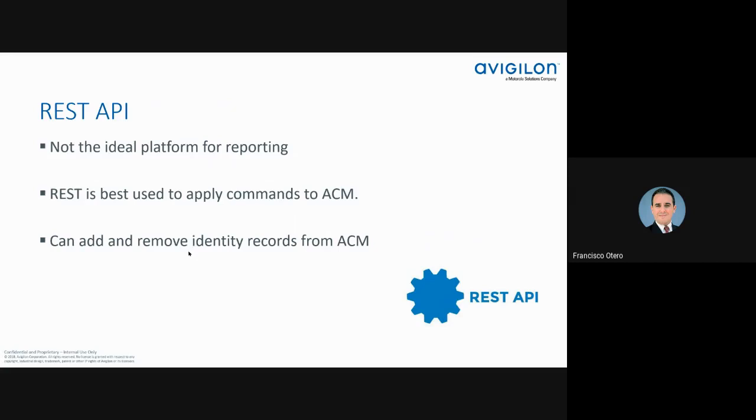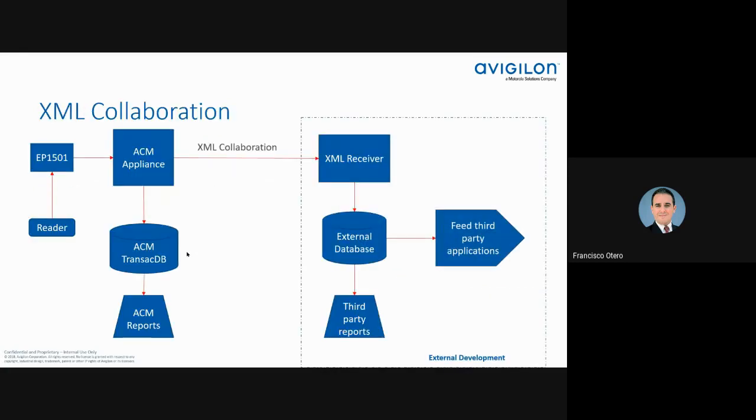This item will take us a little bit longer to cover because it has more information, which is the XML collaboration. And if you remember in my first slide, I said that for large amounts of items, this would be the preferred method. The reason for that is because we're pushing data away from ACM. So here's a workflow for you, just to understand how this works. Here's a reader.